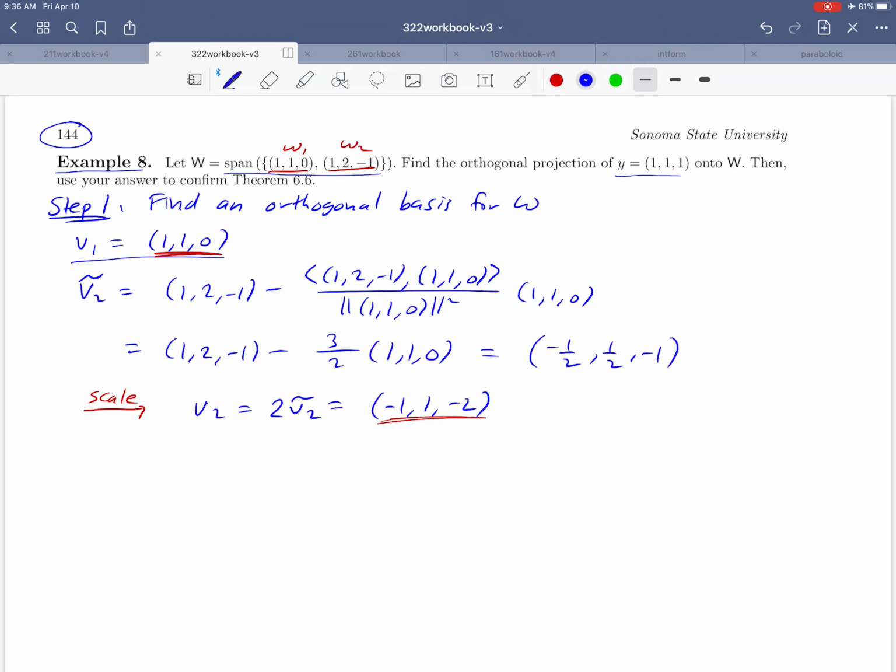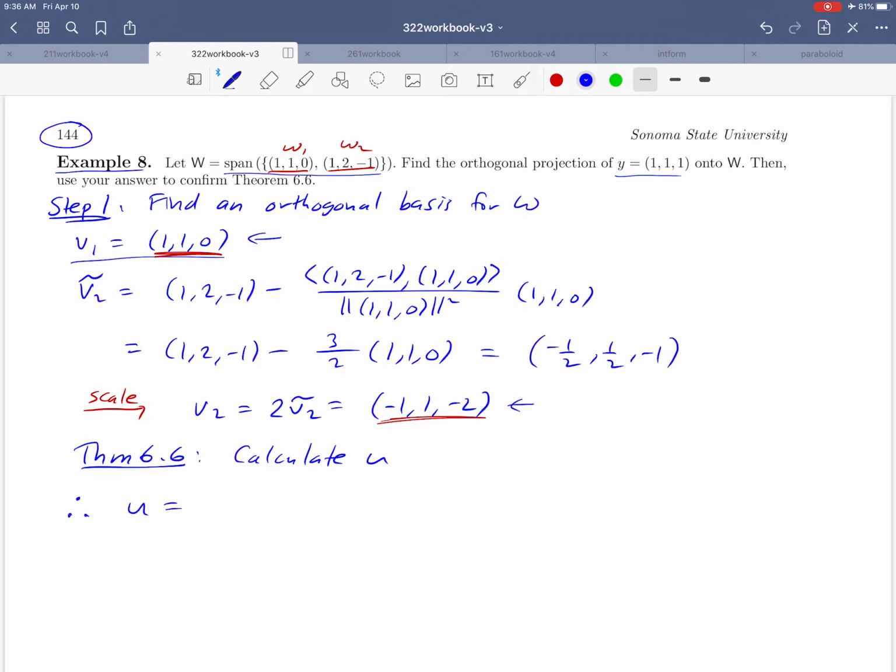Okay, so now we are ready to use theorem 6.6 to actually calculate the orthogonal projection here. Okay, and so what I'm about to write is just going to be the conclusion of theorem 6.6, the formula as to how we express u as a combination of the vectors in our orthogonal basis.